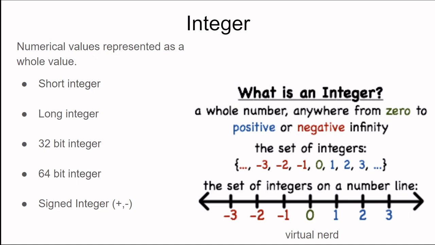Sometimes you see 64 or 32 unsigned integer. What that basically means is that it doesn't consider a minus value in there. These things are very important because they are very trivial and very, very easy to overlook.